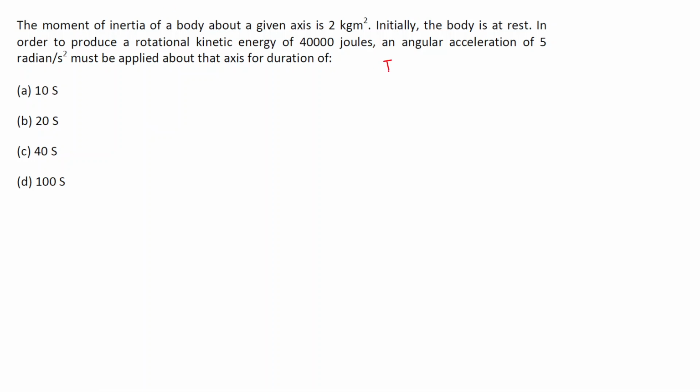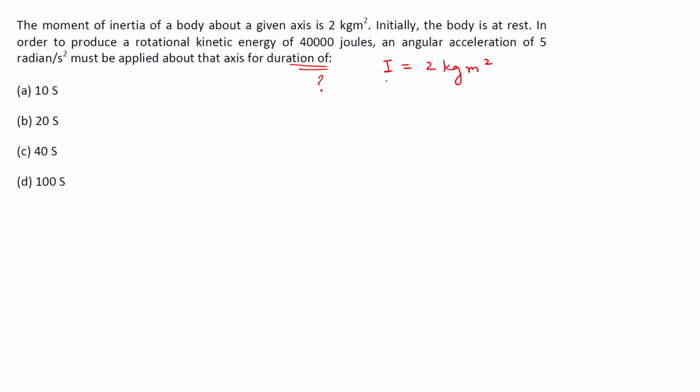So we have been given the value of moment of inertia, which is 2 kg meter square. Initially the body is at rest. In order to produce a rotational kinetic energy of 40,000 joules, an angular acceleration of 5 radian per second square must be applied about that axis for a duration of.